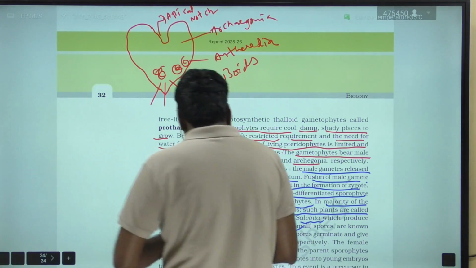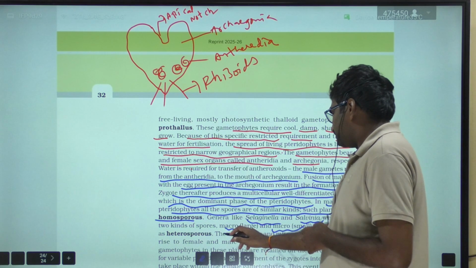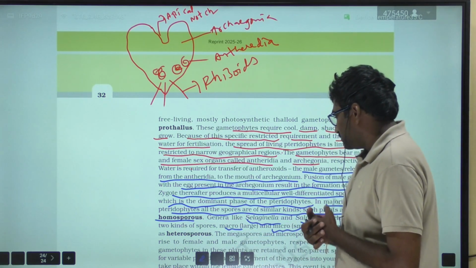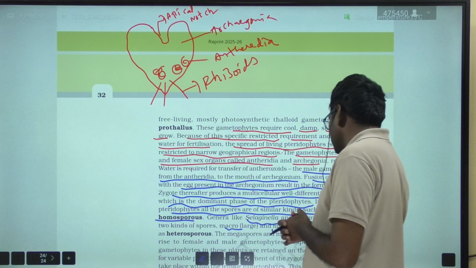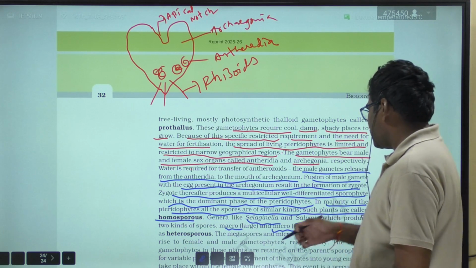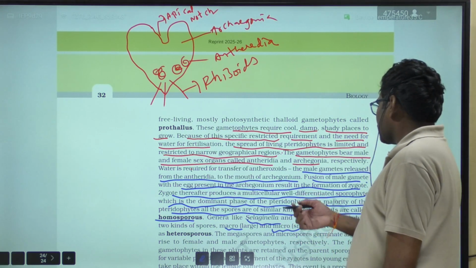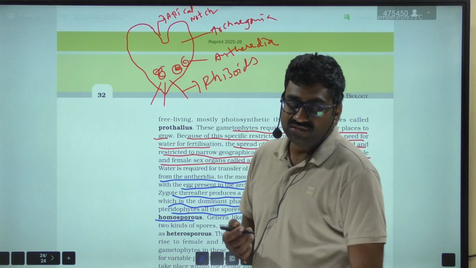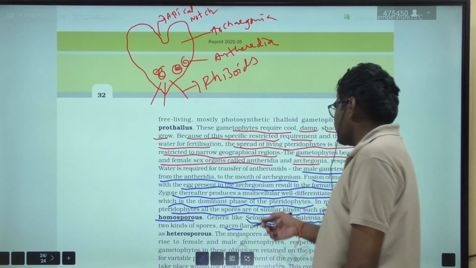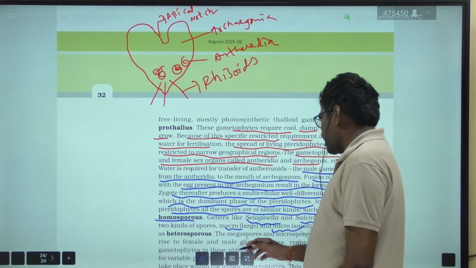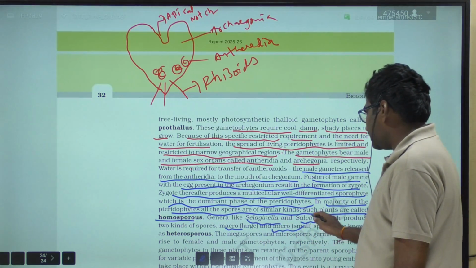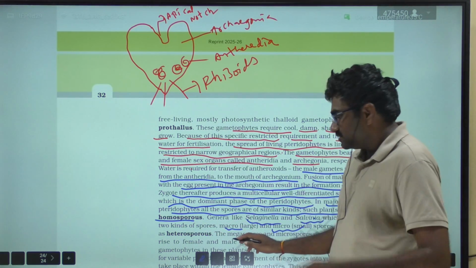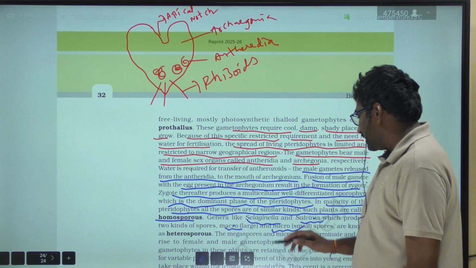Examples for these are Dryopteris, Pteris, Adiantum, etc. Heterosporous examples are Selaginella and Salvinia, which produce two kinds of spores, macro and micro.